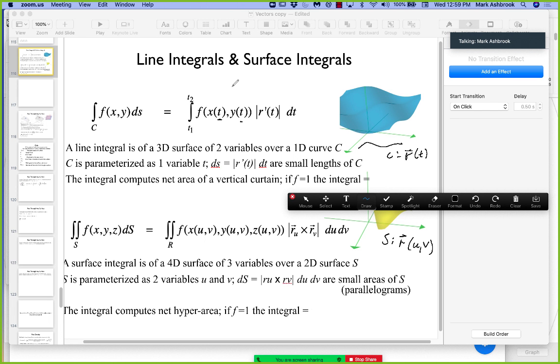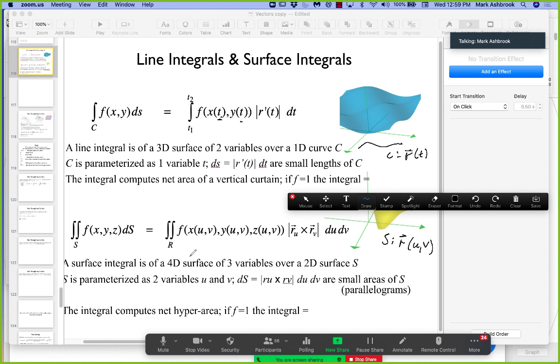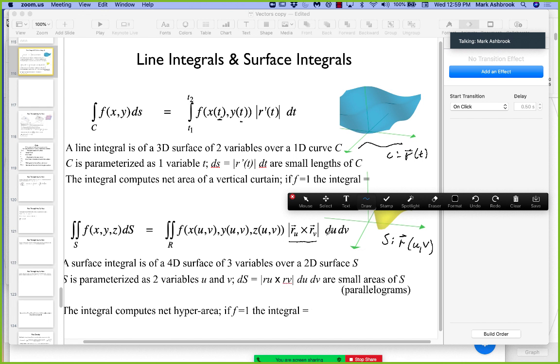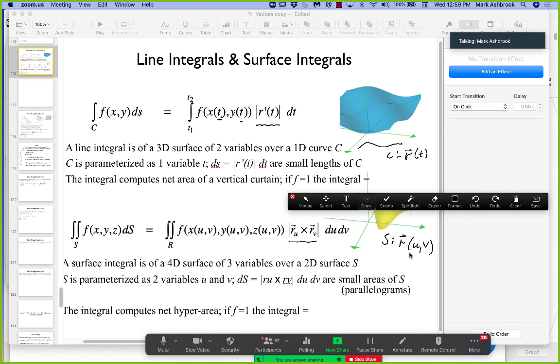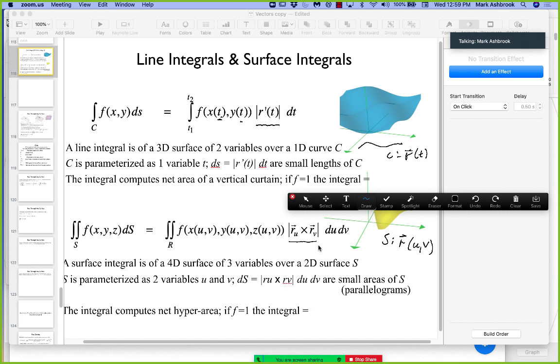And just like line integrals, we rewrote the whole integral in terms of t. We rewrite the whole integral in terms of u and v, both the function and this common element, where it's the magnitude of the derivative of the vector function. Well, in this vector function, there are two derivatives, so we take the magnitude of the cross product.